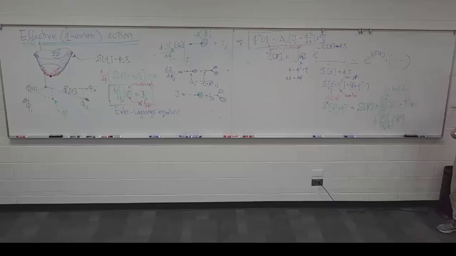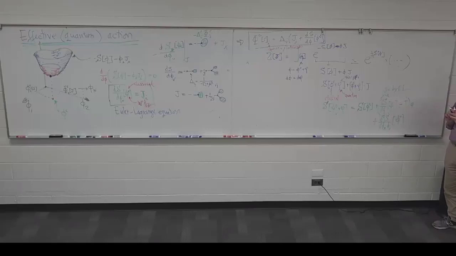Is that better? And this goes away by the Euler-Lagrange equation. I'm at a saddle point, so there's no linear variation. So this vanishes, and I start with a quadratic term.